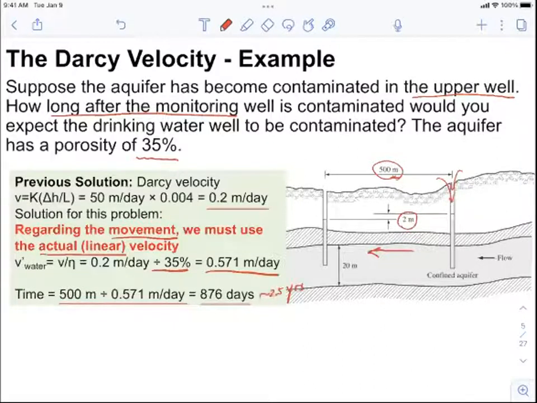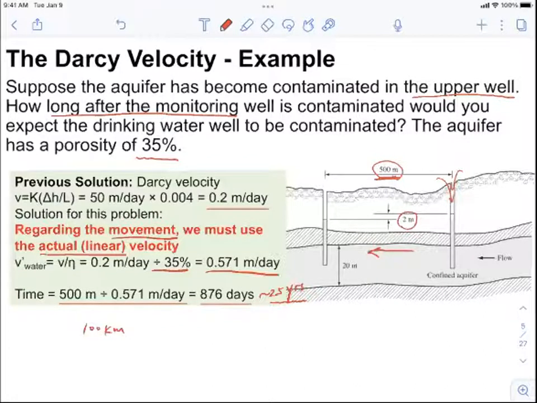Okay, so if you look at this problem here, even for a short distance of 500 meters, it's going to take 2.5 years for the pollutant to travel this distance. I think this is very reassuring. For example, if there's a pollution spill in Columbia, we know that in Rolla we use groundwater. Columbia is pretty far away from Rolla, so let's assume that it's 100 kilometers away.